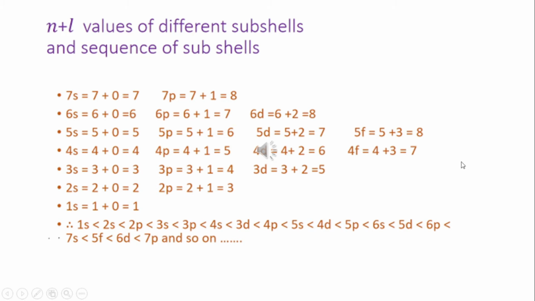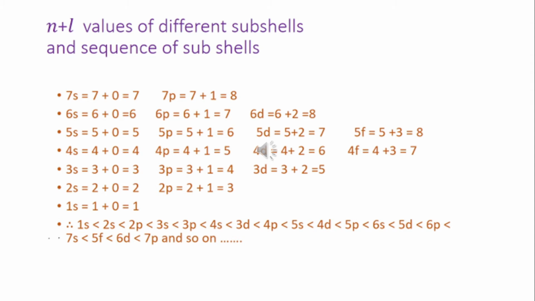Now let us see example of 4s and 3d. 4s subshell is having n plus l value 4 and 3d is having n plus l value 5. As 4s subshell, though it is from the fourth main shell, has less n plus l value, it will fill first and then 3d subshell will be filled though it is from the lower main shell.